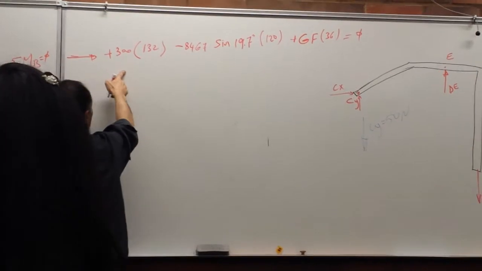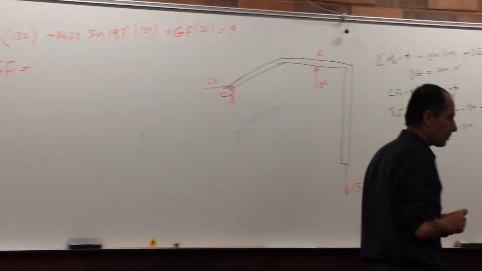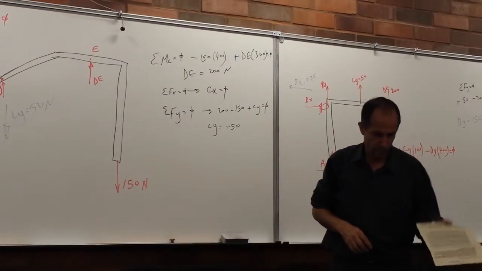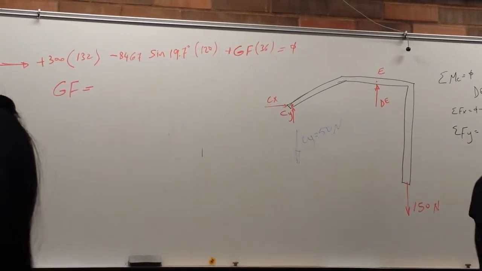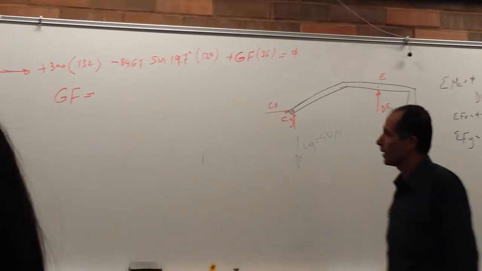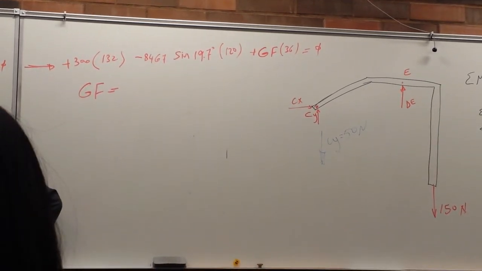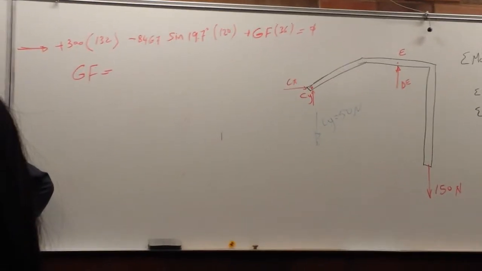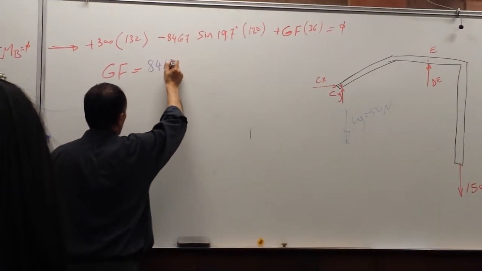One equation with one unknown, GF equals. GF. Any answer? Newtons.